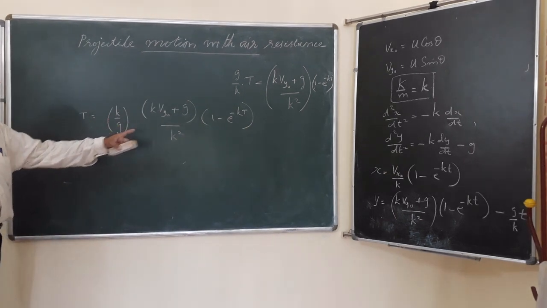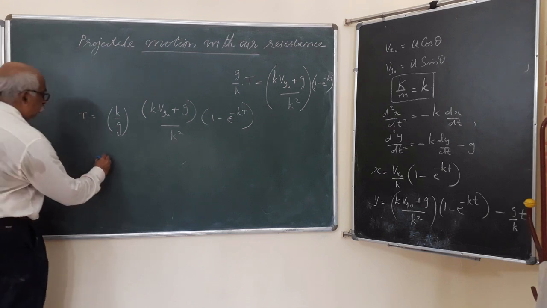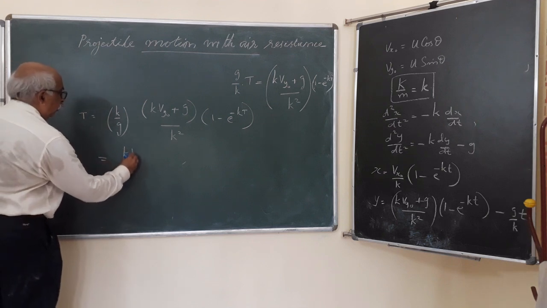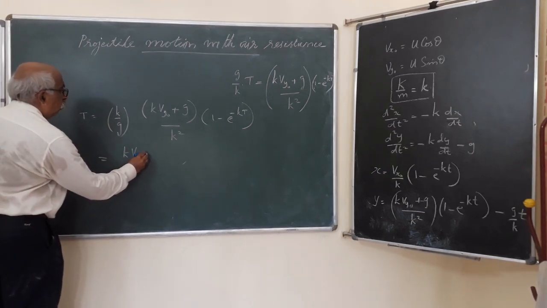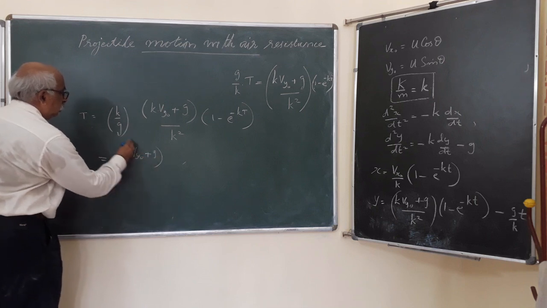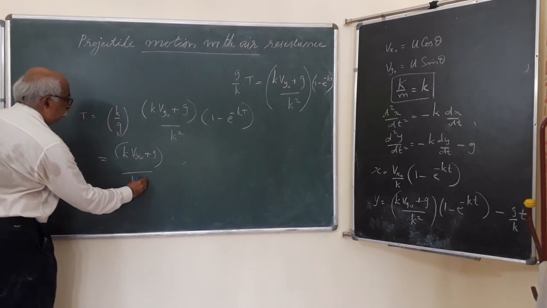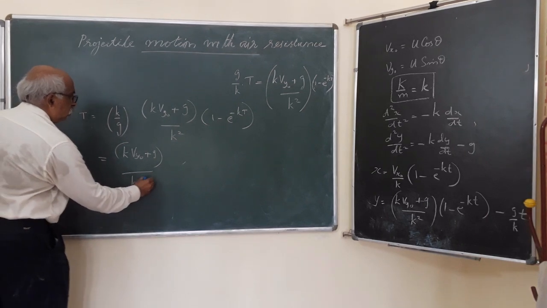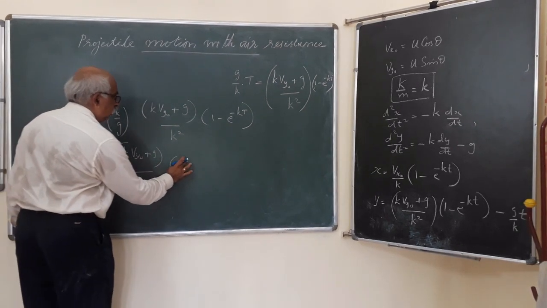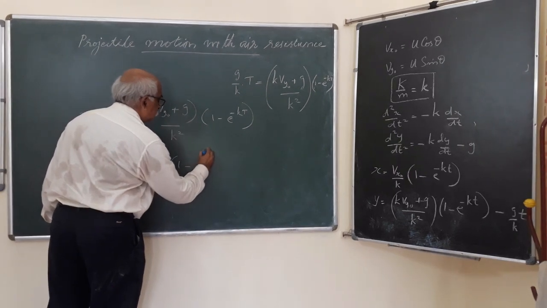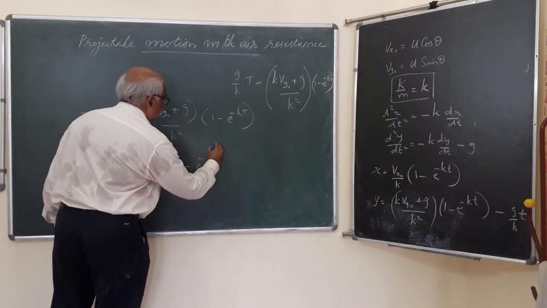One k here and the other k here get cancelled. This becomes (k Vy0 plus g) divided by k, g into (1 minus e raised to minus kt).